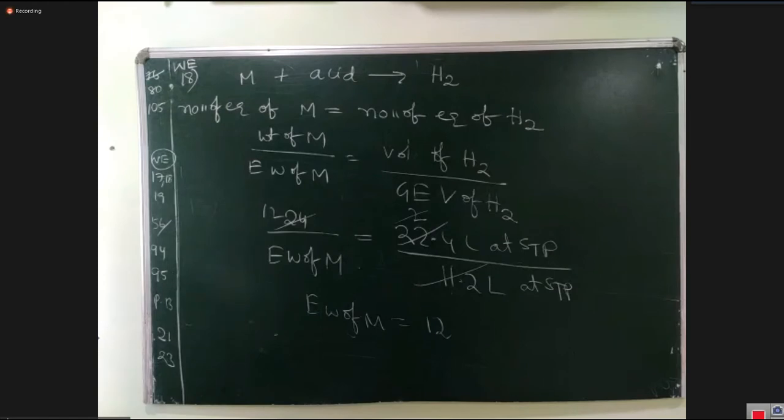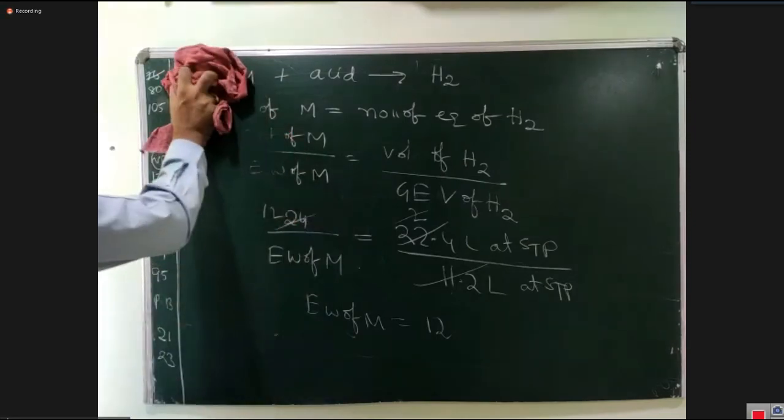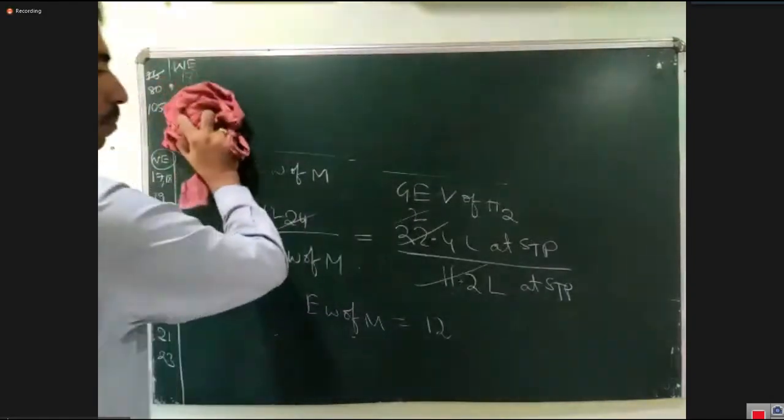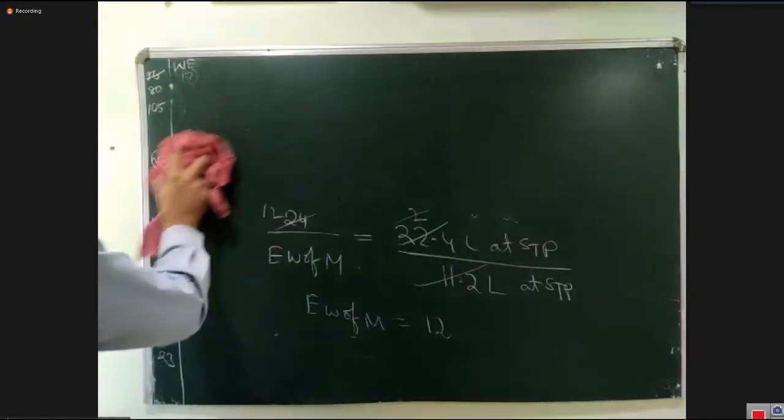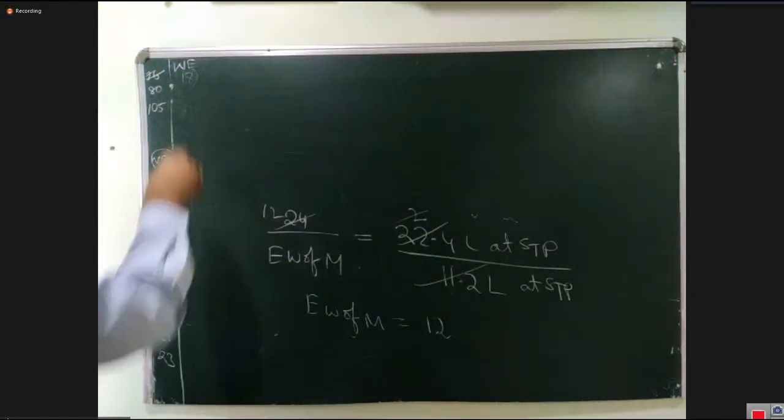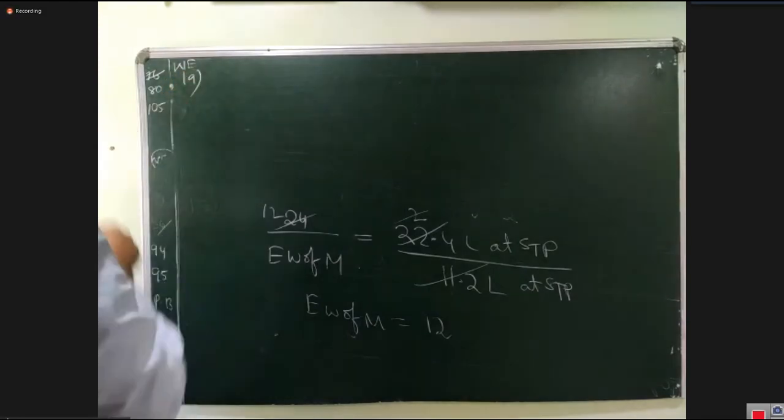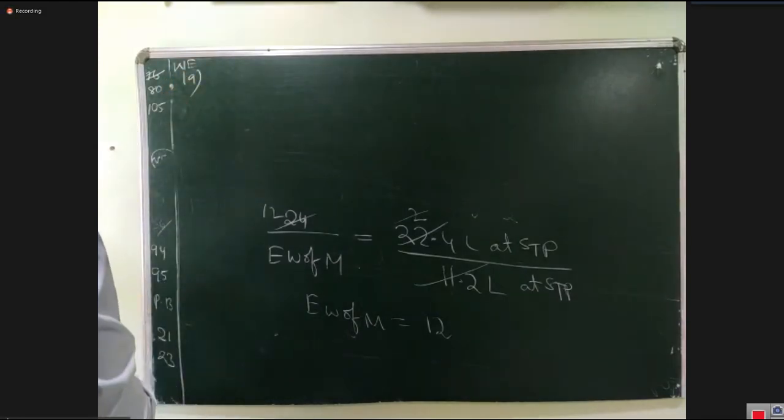Next, question number 19: 1.52 grams of hydroxide of a metal on ignition gave 0.995 grams of oxide. The equivalent mass of the metal is asked.